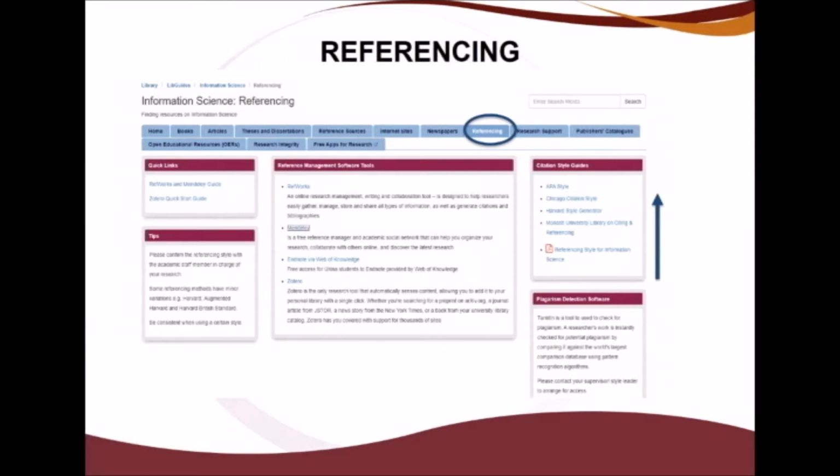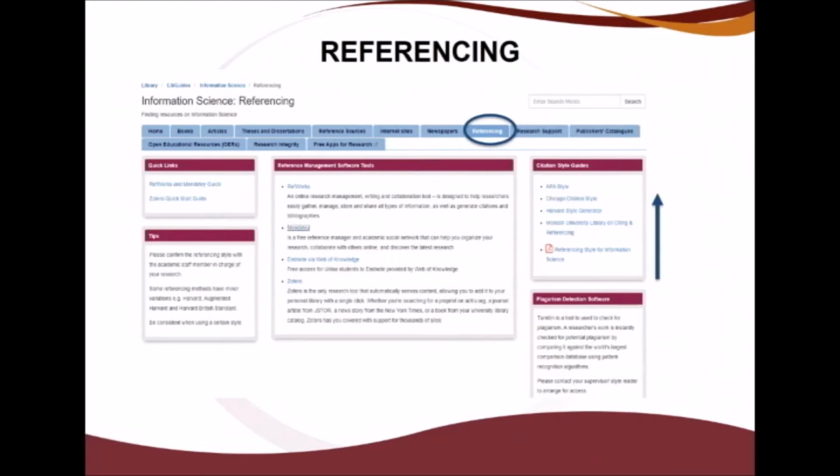And I think in most guides, there are guidelines on how you are going to reference. So information science students have this PDF document from undergraduate level to PhD that they must use for referencing. So I just wanted to make you aware of this.